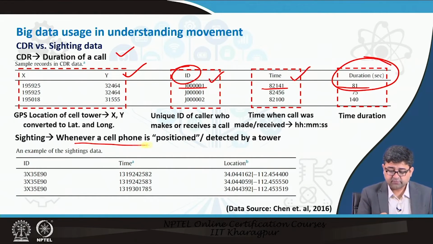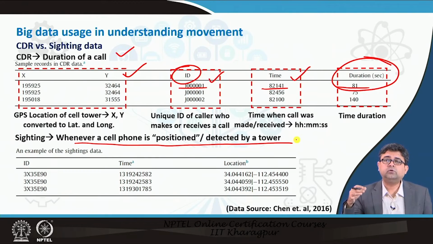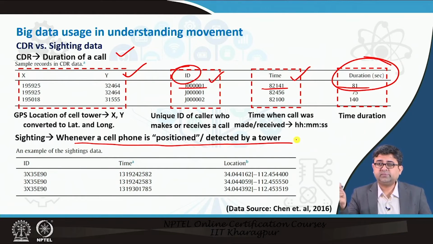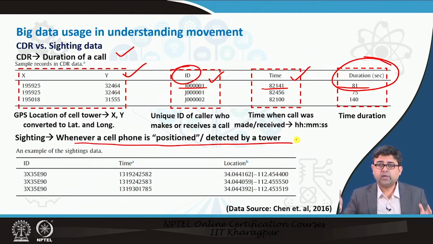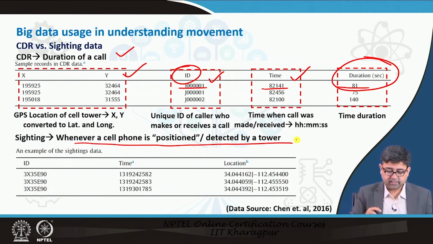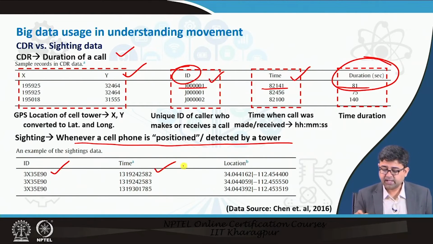Sightings is whenever a cell phone position is detected by a tower, right. This is just sightings. You do not have to make a call in order to find out where you are. The cell phone towers can just detect if you have your GPS signal on your phone. The cell phone towers can just detect where you are based on again triangulation, right. So, this ID was detected at this time at that location based on triangulation.